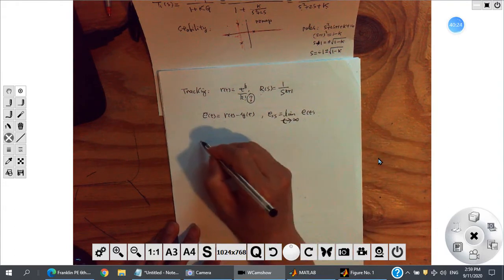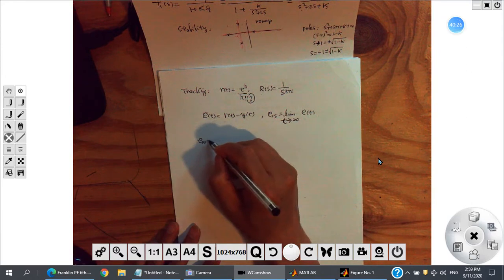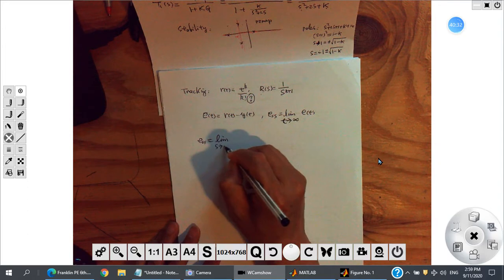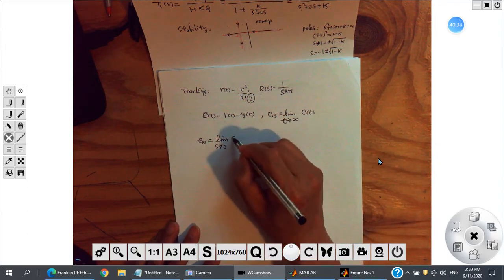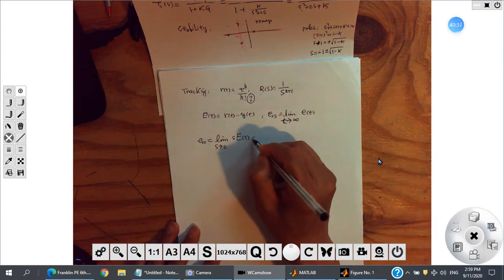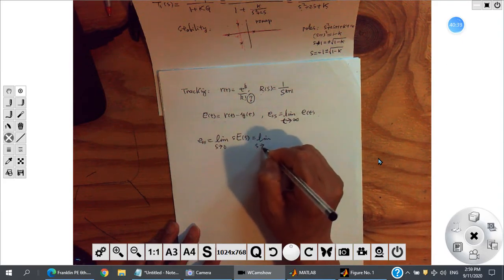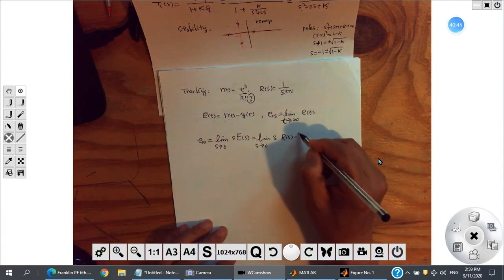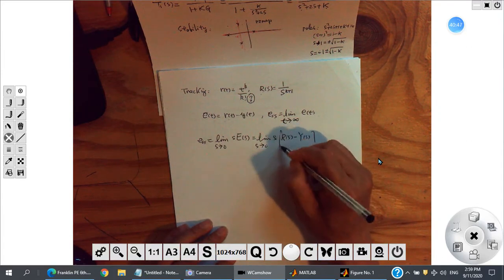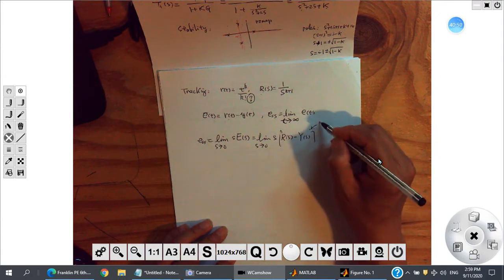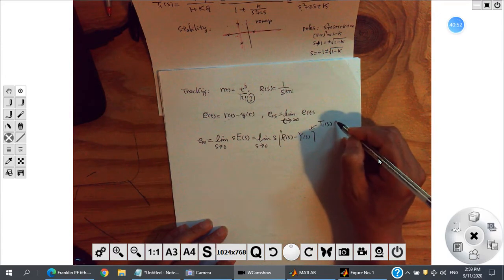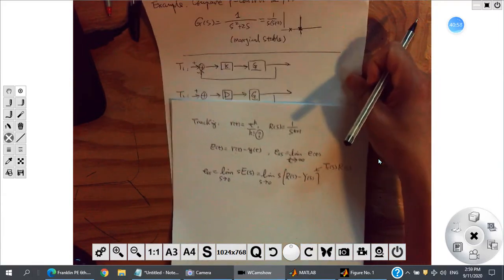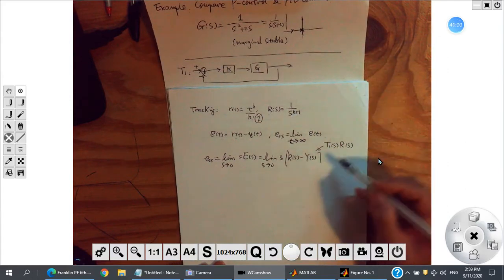Then we use the calculation in the S domain, as S tends to 0, S times capital E of S. The capital E is capital R minus capital Y. The capital Y is T1 of S times R, right? The system is T1.